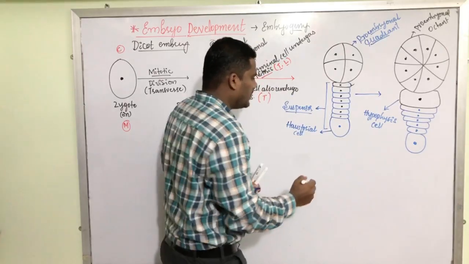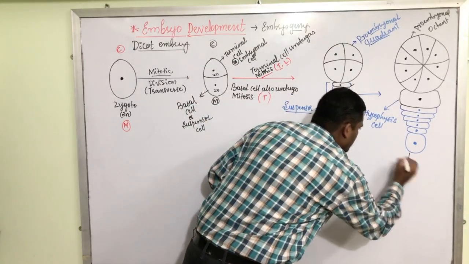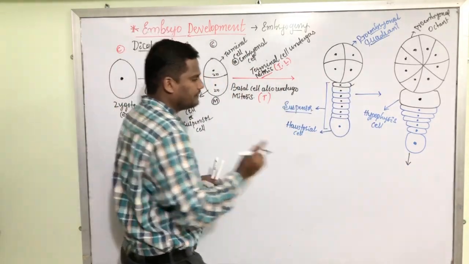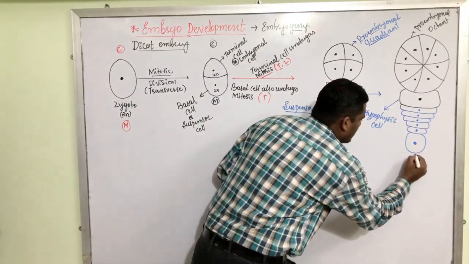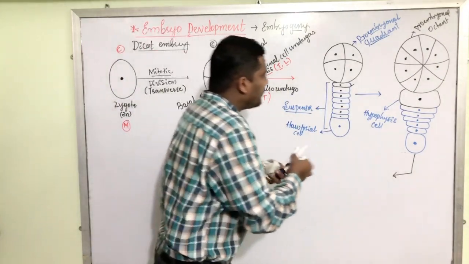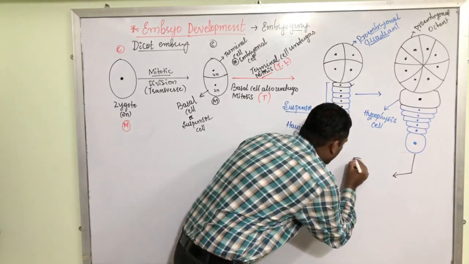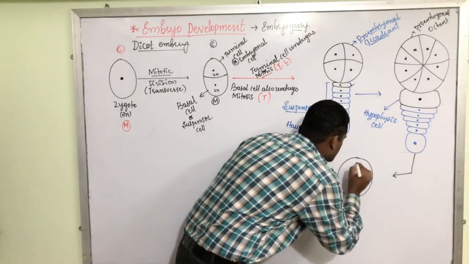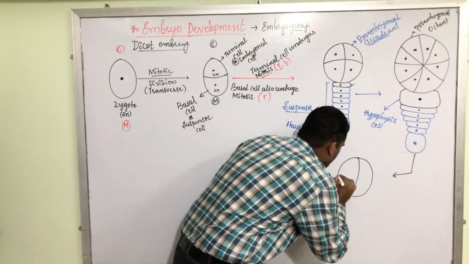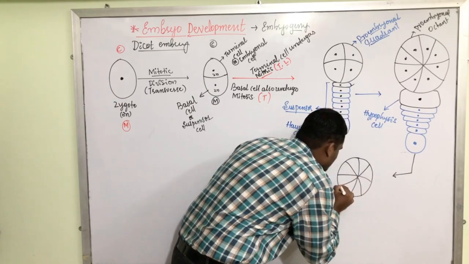After this, what is going to happen? Let us write here the next step. The pro-embryonal octant, which is supposed to be like this, 8 cells.